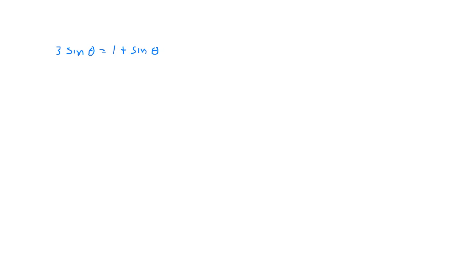So what would I do here? I have 3 sine theta equals 1 plus sine theta. What can I do to both sides of the equation? I can subtract sine theta from both sides. You should have seen a little of this in trigonometry.